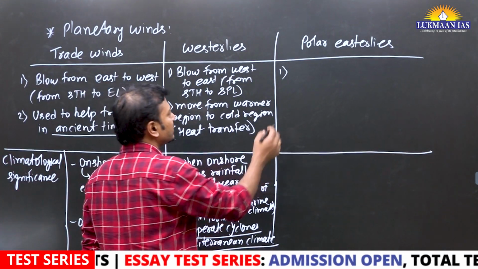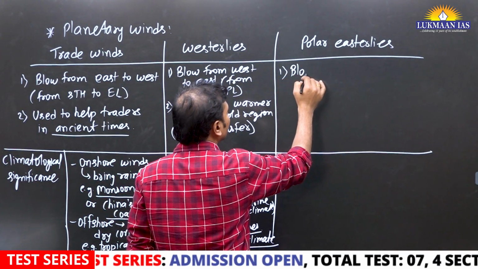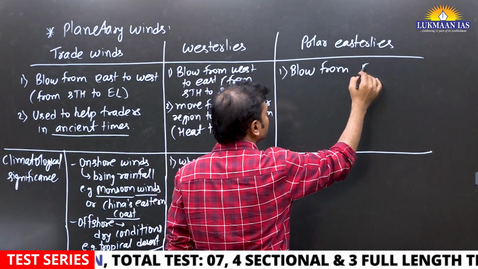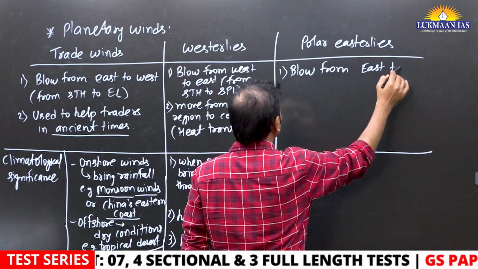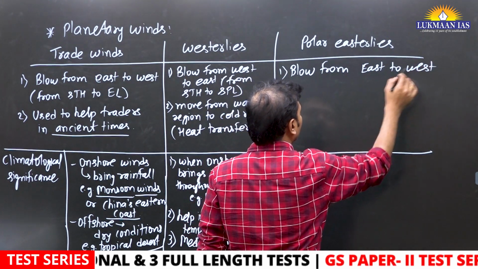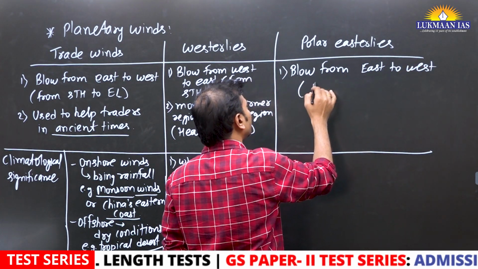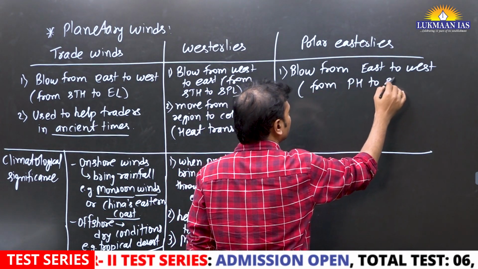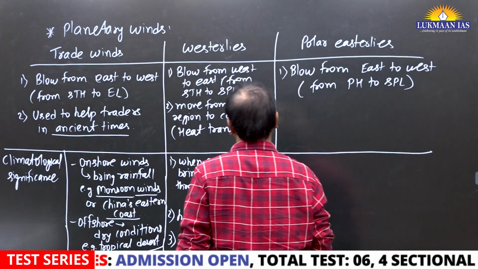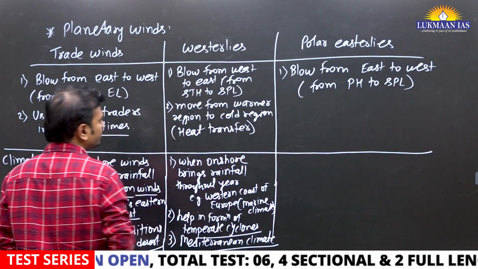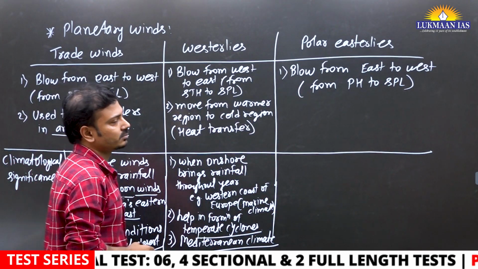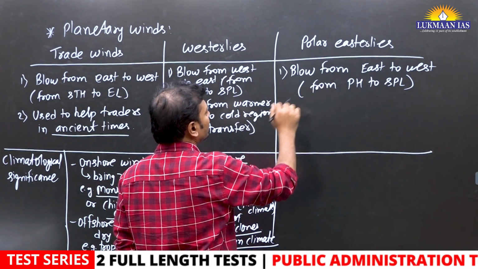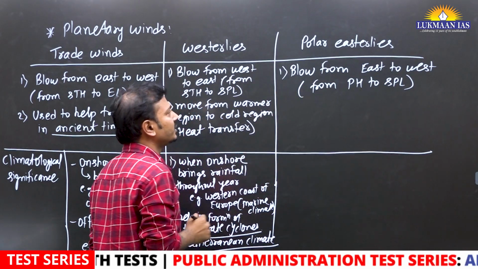Polar easterlies are blowing from east to west. We can say from the polar high to the subpolar low. So this one, polar easterlies.